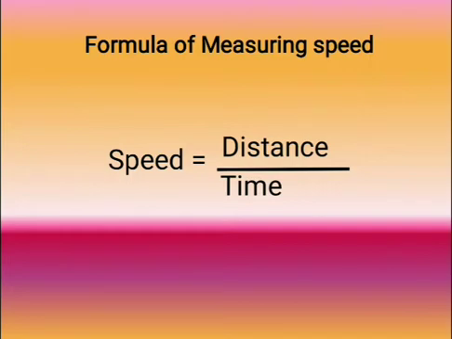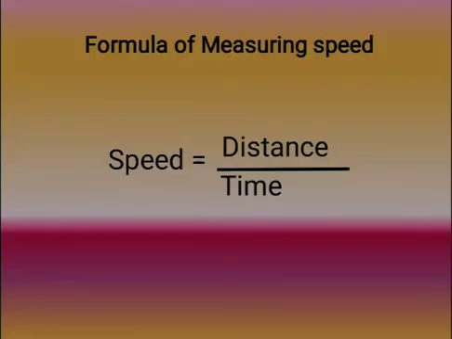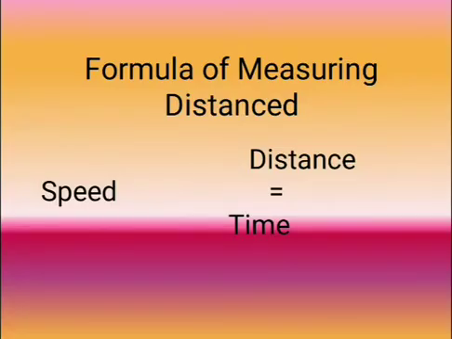My dear students, if we know any two of the entities in the formula, it is possible to find the unknown entity. Now let's see how we can derive the formula for distance.